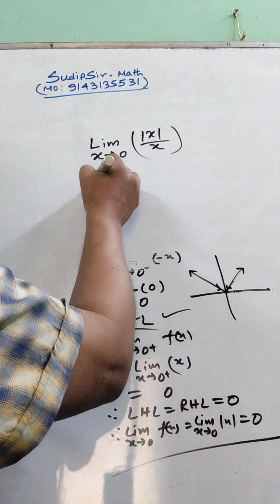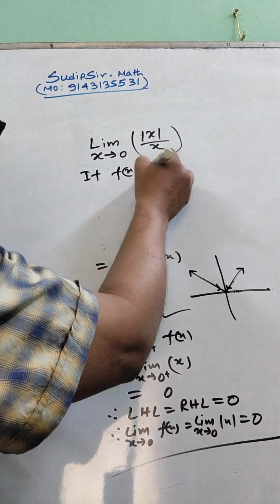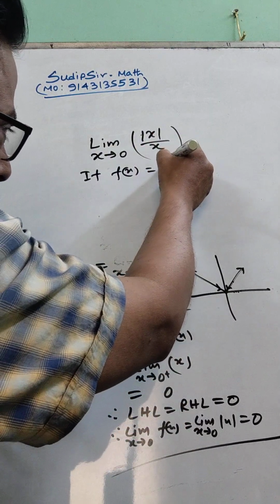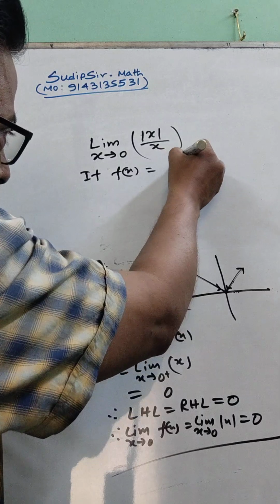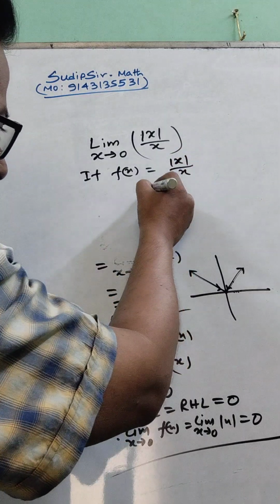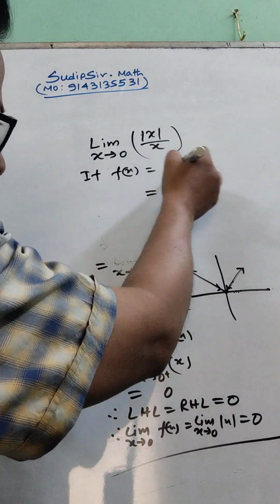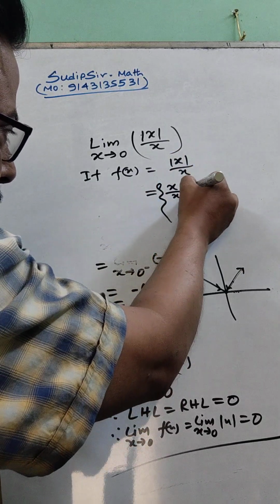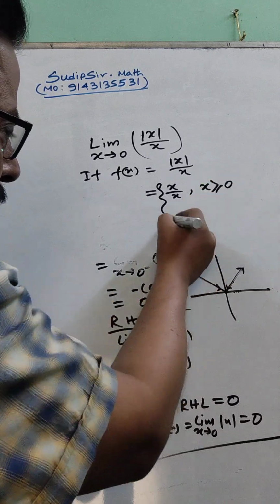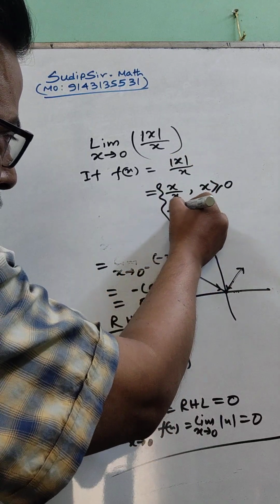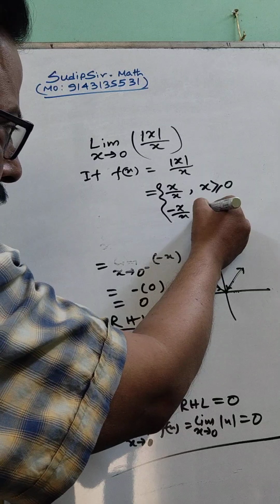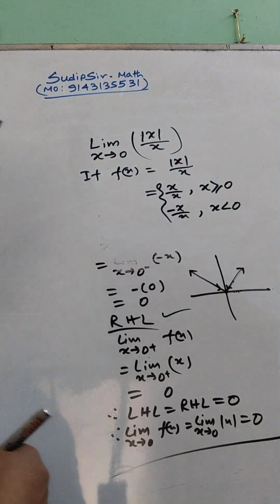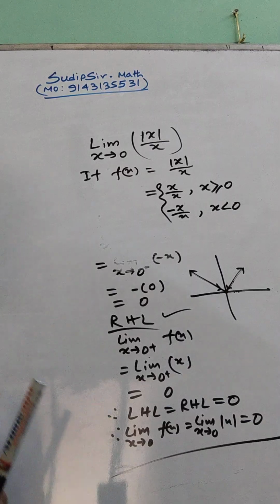Now, if f(x) equal to mod x by x, then this will be x by x when x is greater than or equal to 0, and this will be minus x by x when x is less than 0. Now LHL and RHL.